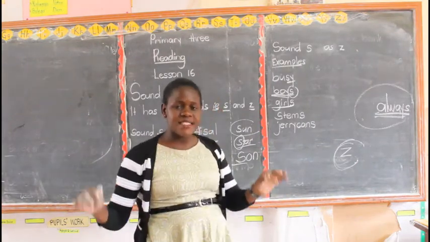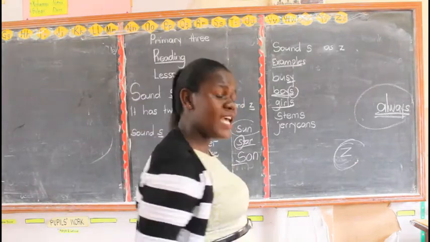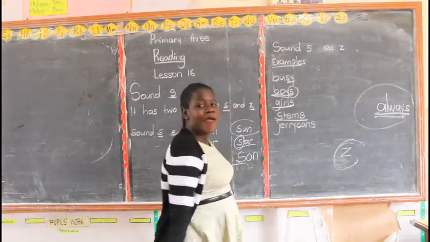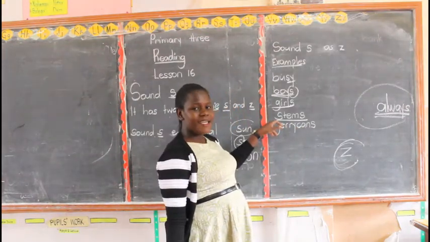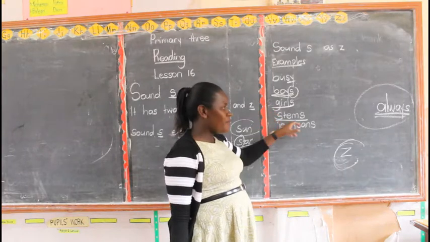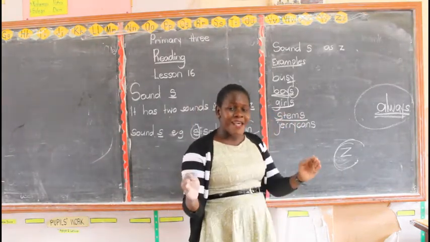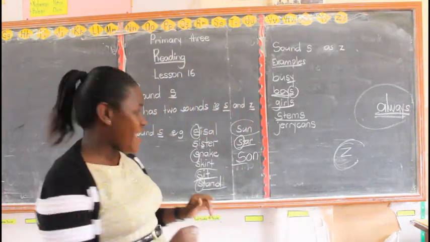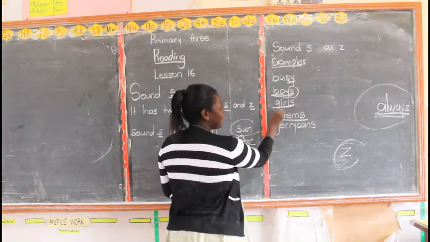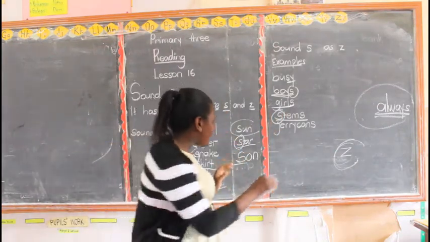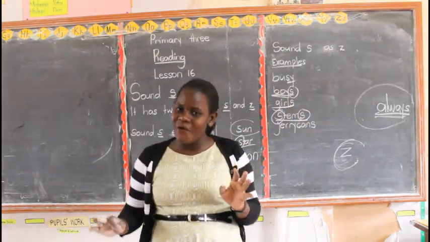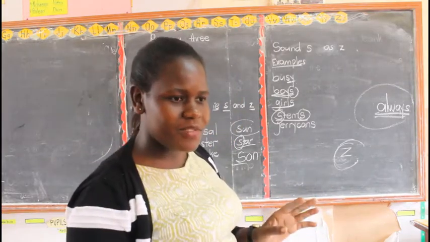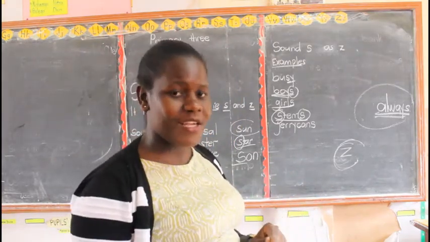So it is sounding as Z. We have this one here: stems. Stems is having now both of the two sounds which I have been looking for. The first letter S is sounding S, but the last letter S is sounding Z. Stems. Are you hearing the two sounds now?